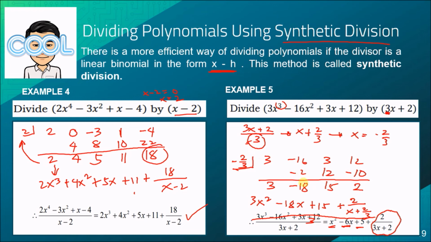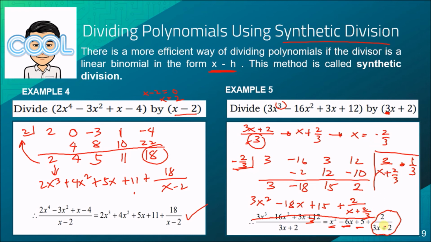Okay? Paano nangyari yon? Kapag yan ay i-multiply natin or i-divide natin rather sa 3, dividing by 3 is still the same as multiplying by 1/3.